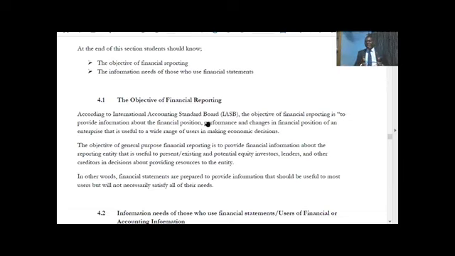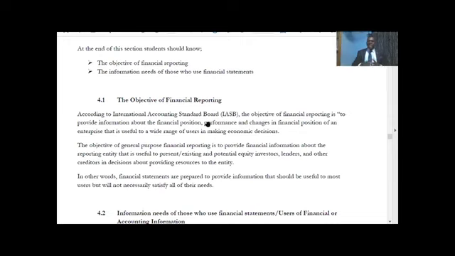Because an entity's performance or financial position for year 1 might not be the same as for year 2. So when financial statements are prepared, it throws light on the financial position, the financial performance, and changes in financial position of the entity over time.